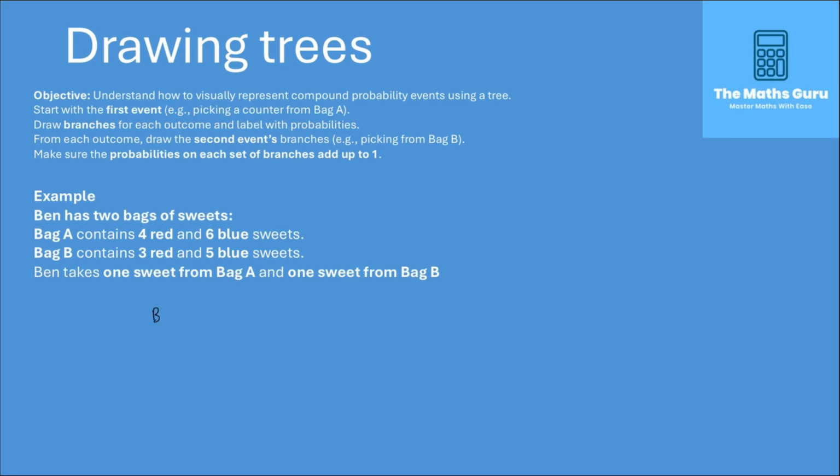So we start off with event 1, so bag A. Let's say the two outcomes are red and blue. As such, the probability of getting a red one is 4/10 or 2/5, but to keep it simple, 4/10, and then this one is going to be 6/10.